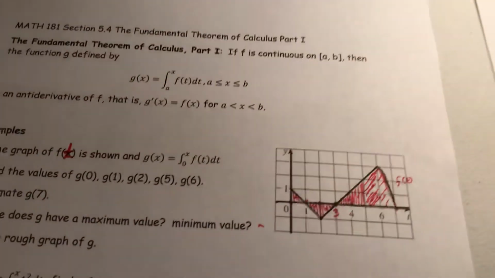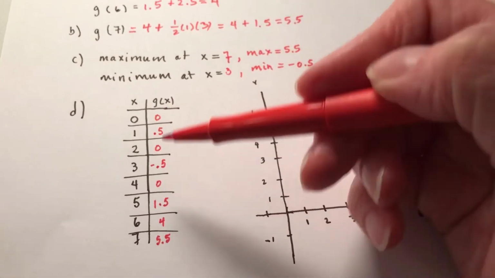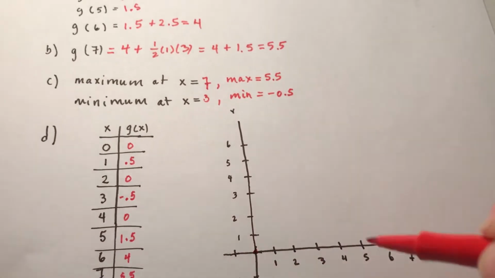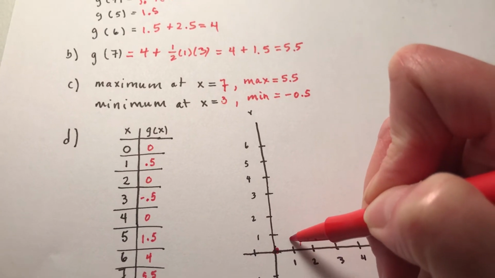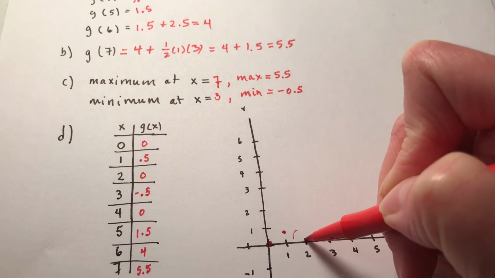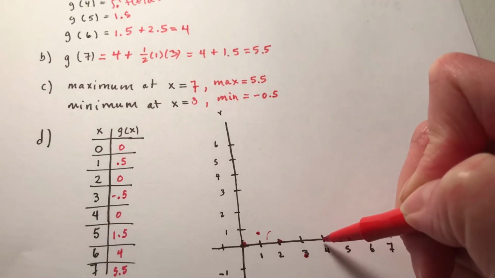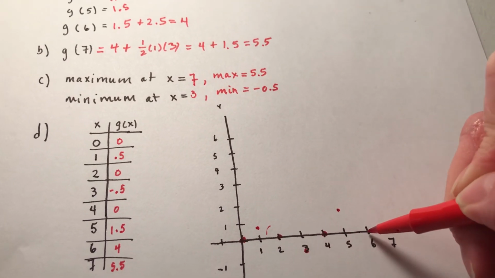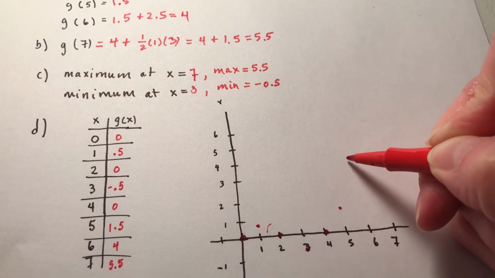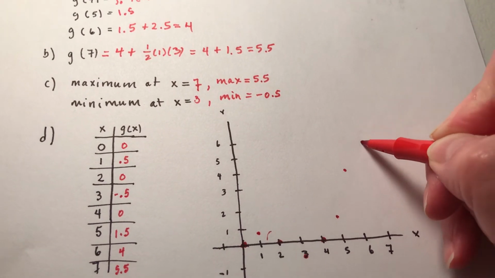Now D, we're supposed to sketch a rough graph of G. So that's why I listed all these, so I can actually just plot. This is the x-axis and y-axis. So 0, 0, 1 is about 0.5, 2 is 0, 3 is negative 0.5, 4 is 0, 5 is 1.5, 6 is up here at 4, and then 7 was up at 5.5.